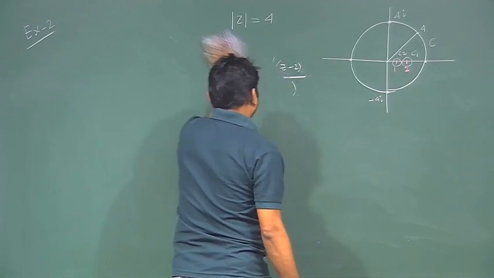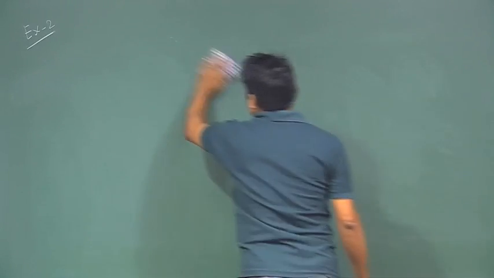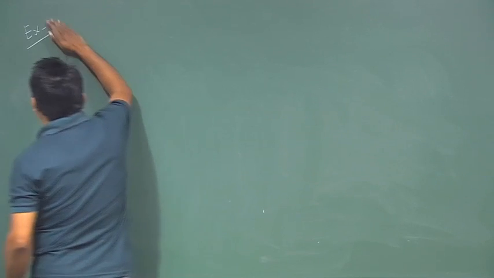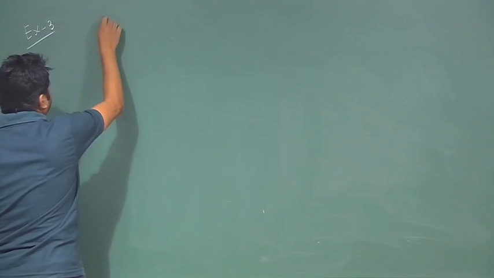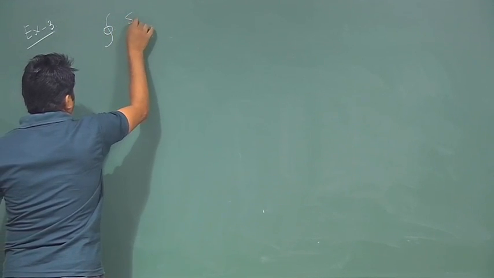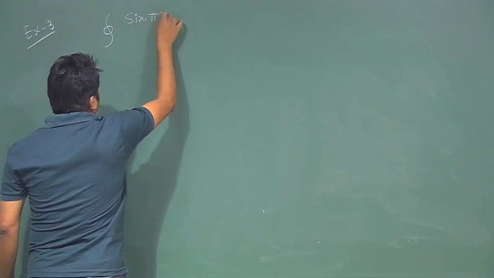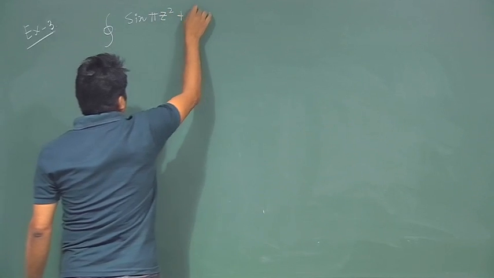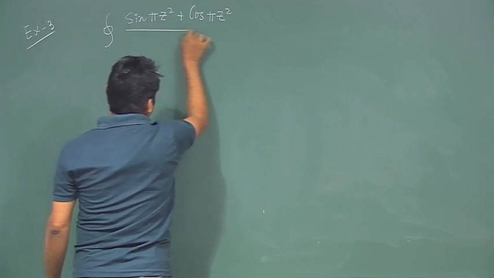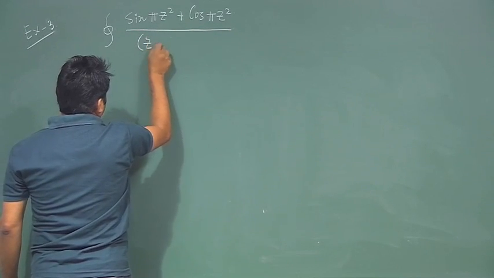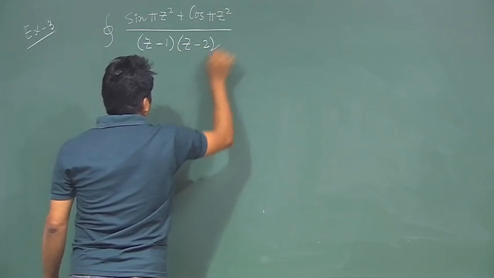You can have more examples of this kind. So, let me give you another one, example 3. The function that is given is something like sin pi z square plus cos pi z square, exactly a similar kind of problem, just dz.